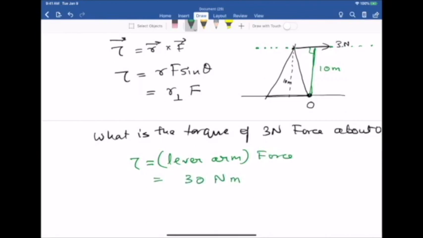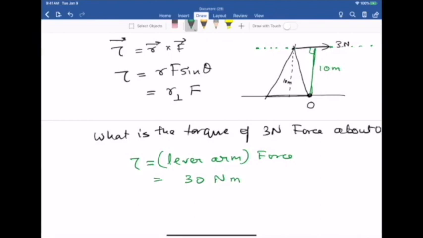One brief comment about the unit of torque. Can you tell me what is newtons times meters? Have you seen this combination before? The answer is yes. When we talked about work, which was force times distance, that was also newtons times meters, and that particular combination was called a joule. However, joule is a unit for energy, and torque is a completely different quantity. So torque should not be measured in energy units.